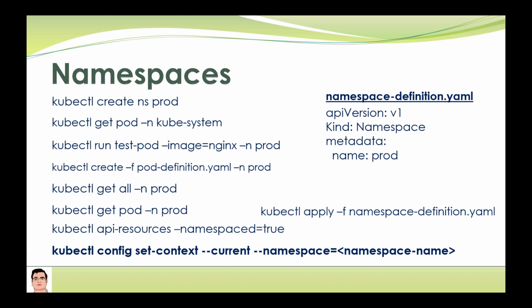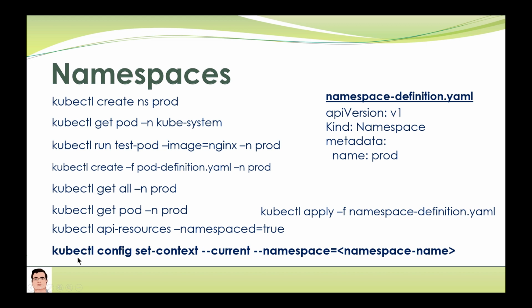So this command will list all the objects which have namespaced true, meaning objects that are impacted by the namespace. So you have to mention the namespace each time, either for creation or for fetching the information.